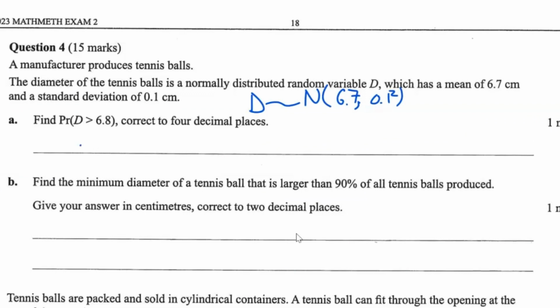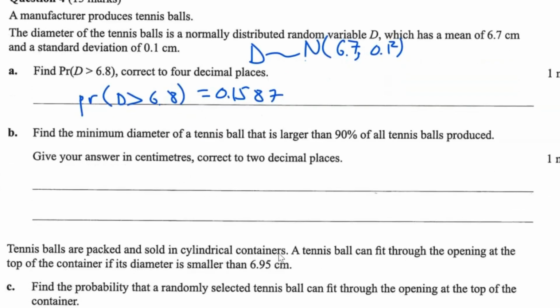The probability that D is greater than 6.8 is 15.87%.